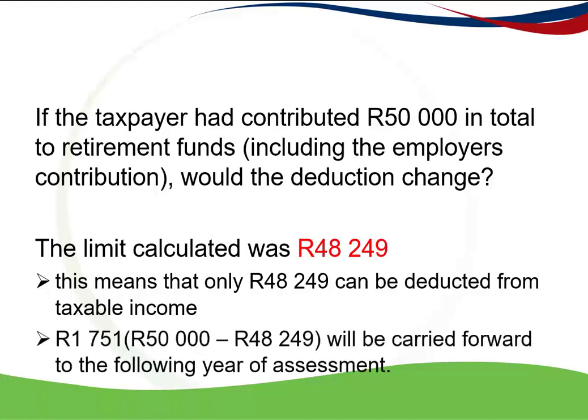And it means an amount of 1,751, which is the difference between what they contributed of 50,000 Rand and the limit of 48,249, will be carried over to the following year of assessment and added to the contributions in the following year of assessment. Remember, if that happens, if you're doing a question, you need to indicate that amount and show us that you know it will be carried forward.